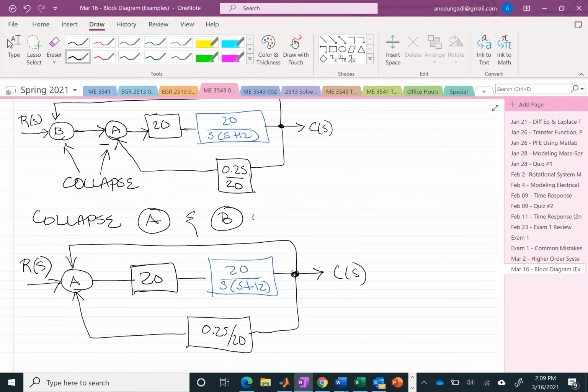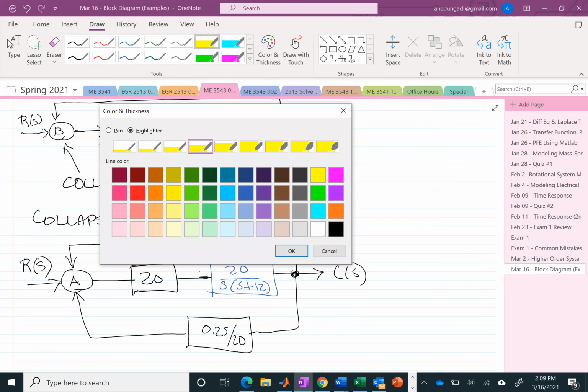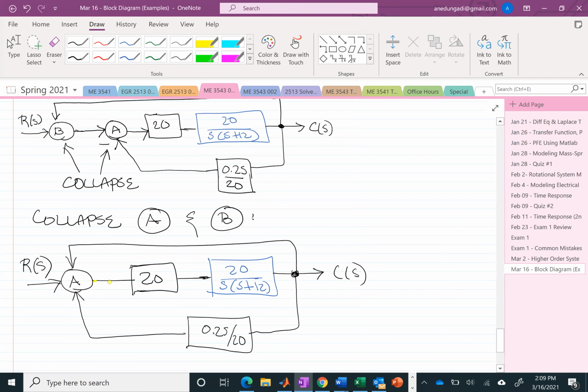Now, do you see any of the familiar forms? Cascade, parallel, feedback. Cascade and parallel. Okay, so let's look at the cascade first. That's cascade. You agree with that?